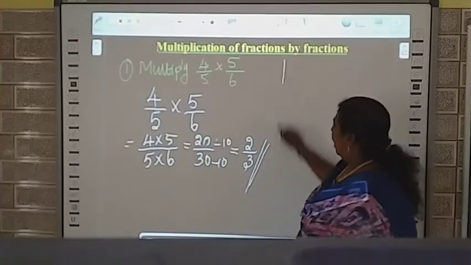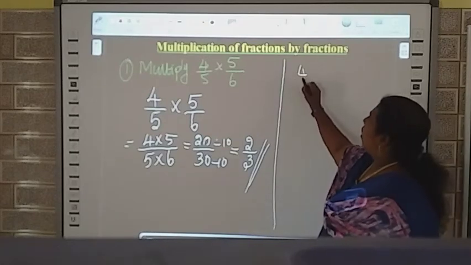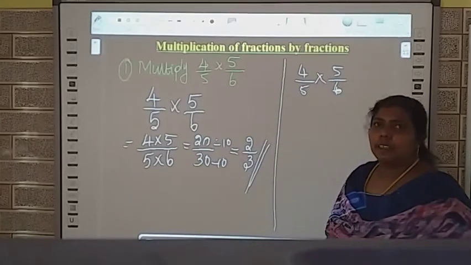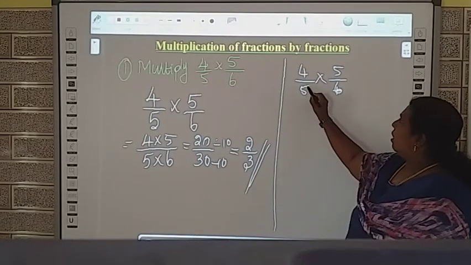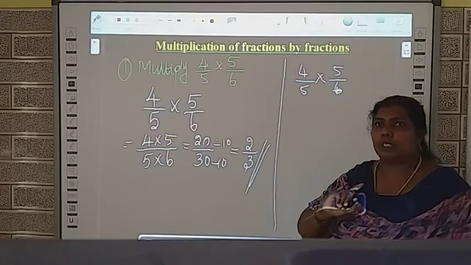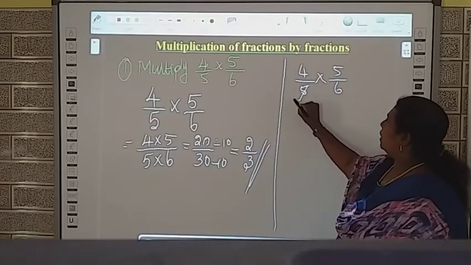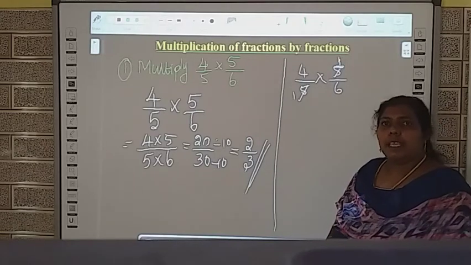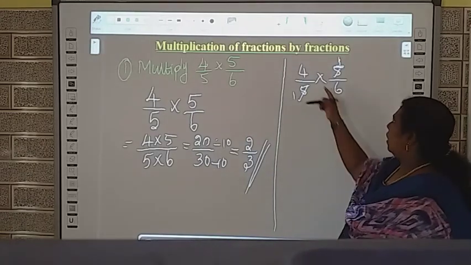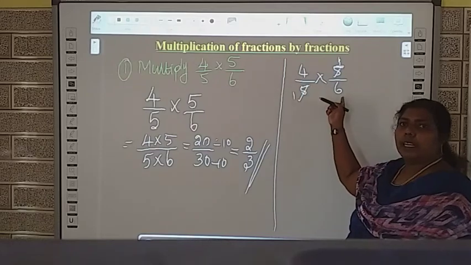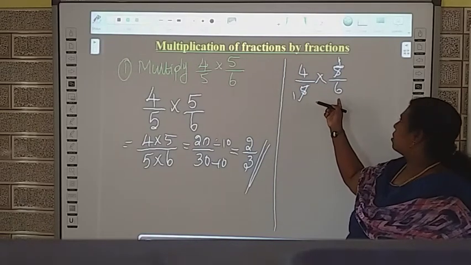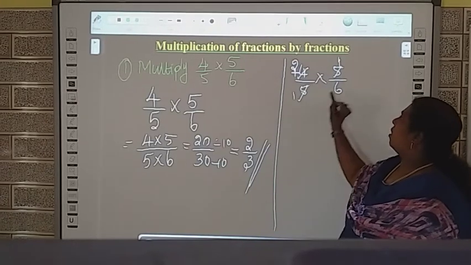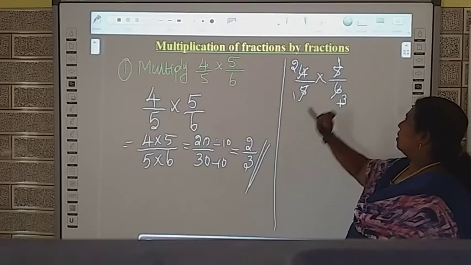Another method: 4 by 5 into 5 by 6. Yes, we can reduce it. See, here 5, here 5. We can use the fifth table: 1 time here, 1 time here. Then we can also use the second table: 2 times 2 is 4, and 2 times 3 is 6.